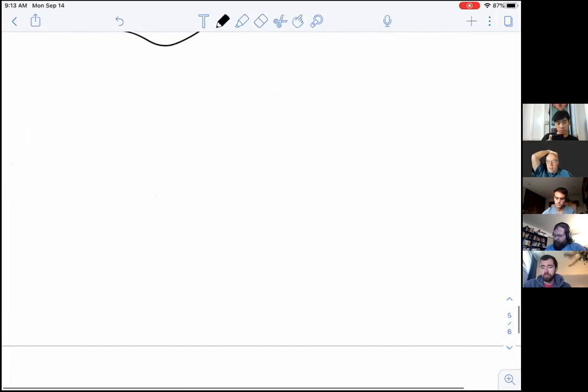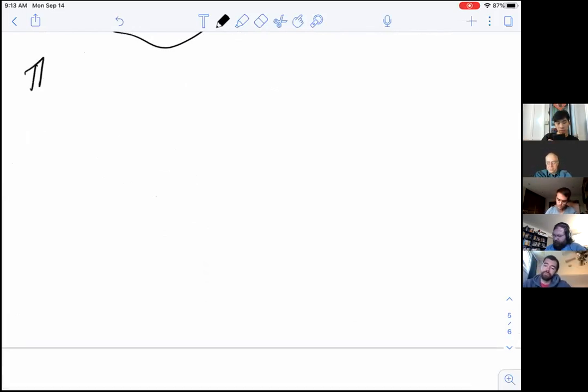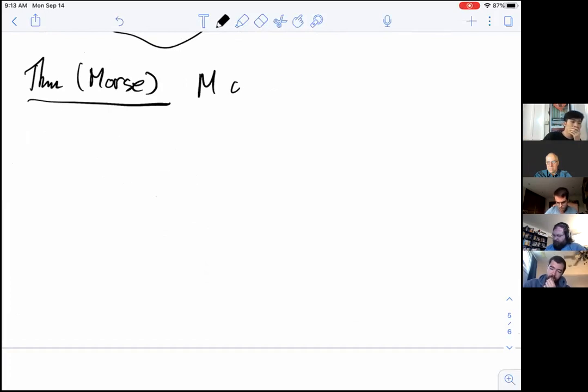Next theorem goes back to Morse. So M is a compact manifold without boundary, let's say.